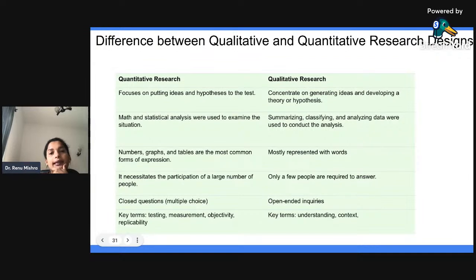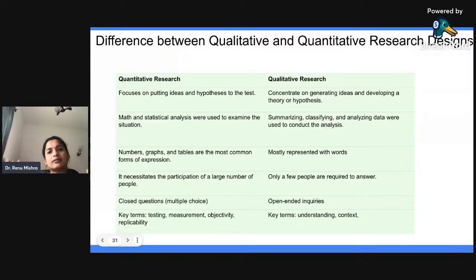Now have a quick look at the qualitative and quantitative research designs. It's very important to understand, and you need to be very clear about what your objectives are demanding.